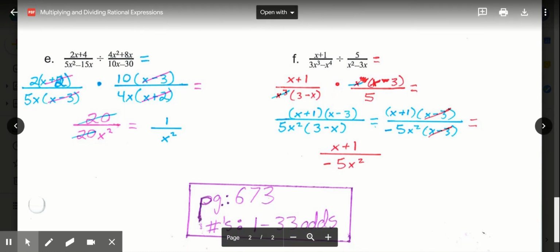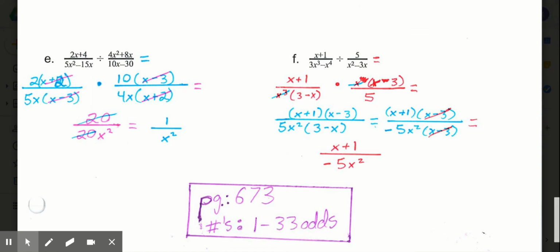And then our last example for this lesson, in F, x plus 1 over 3x cubed minus x to the fourth. So we could factor out on bottom the x to the third, leaving us with 3 minus x. On the right, we need to flip it, change it to multiplication, and then factor.